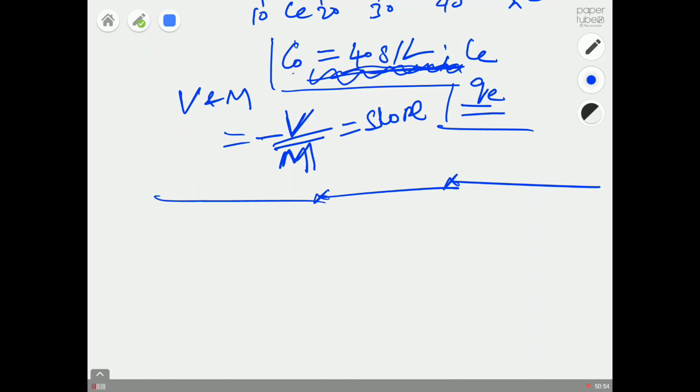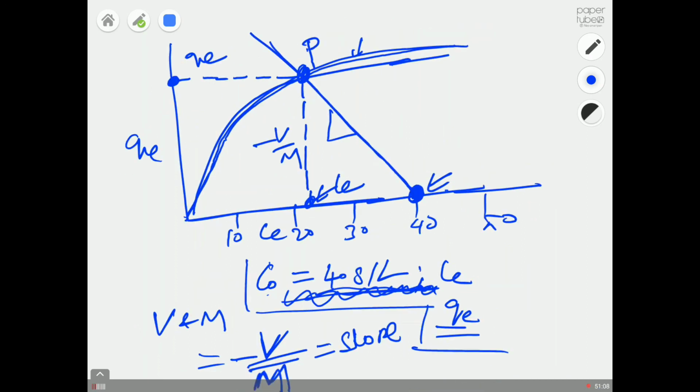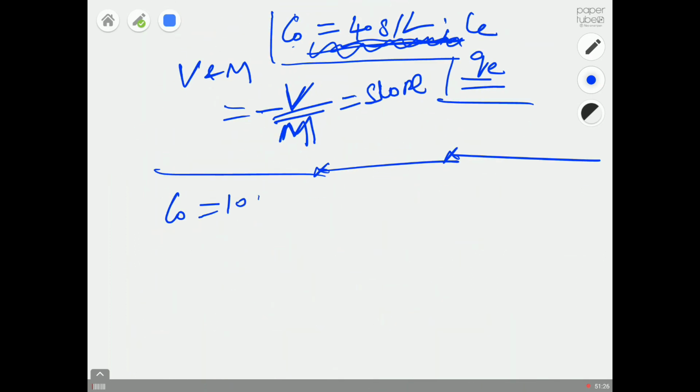Another advantage of this graphical technique is that you have only one equilibrium curve, which you obtained with a particular volume and a particular mass. With that one equilibrium curve, you can calculate the amount adsorbed no matter what you start with. Say you start from 10 grams per liter, with a volume of 50 ml and a mass of 0.5 grams.